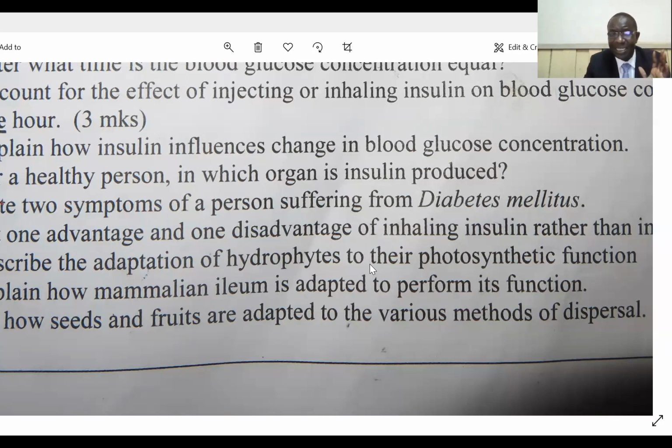Do you understand how insulin reduces the blood glucose concentration level? This is a direct question which just requires comprehension. I want somebody to check the response which we gave to that question.